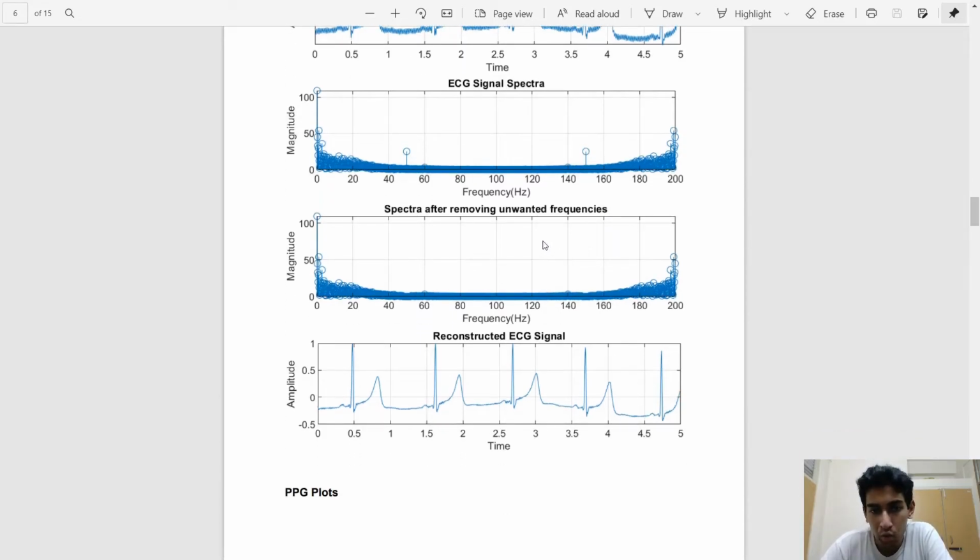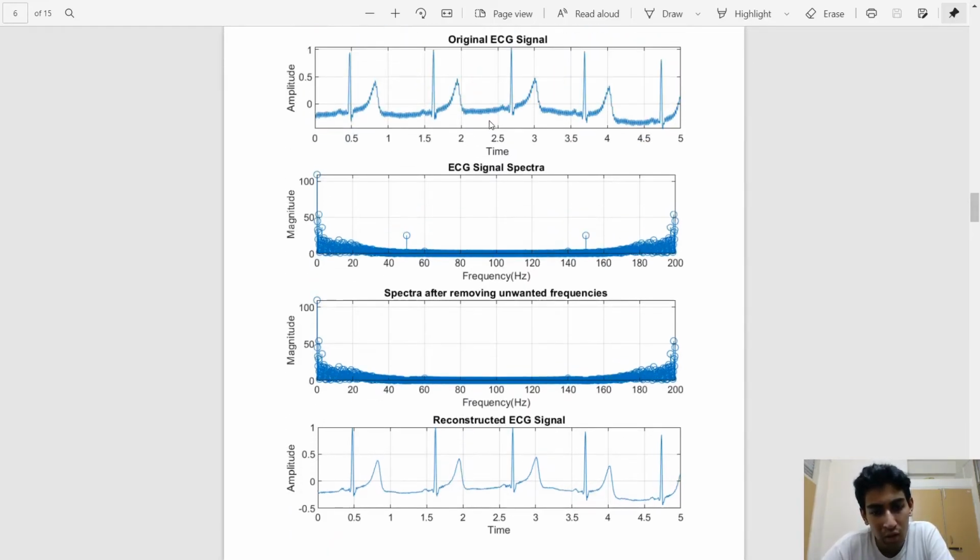Then we remove these frequency components. In this case, instead of just removing 50 Hz, we remove all the frequencies from 48 to 52 Hz, and we get this new spectra after removing these frequencies. Then we compute the inverse discrete Fourier transform, and we get the reconstructed ECG signal.